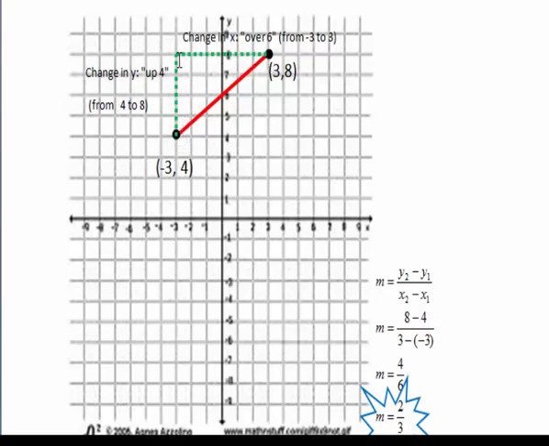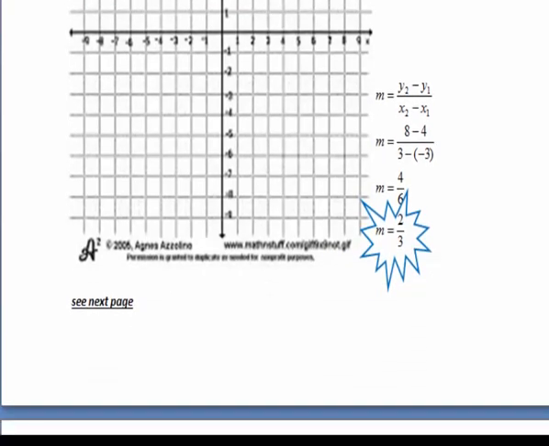From 4 to 8 is up 4 units, and from negative 3 to positive 3 is over 6 units. I wrote the equation out over here on the right, which is algebraically what's happening here.